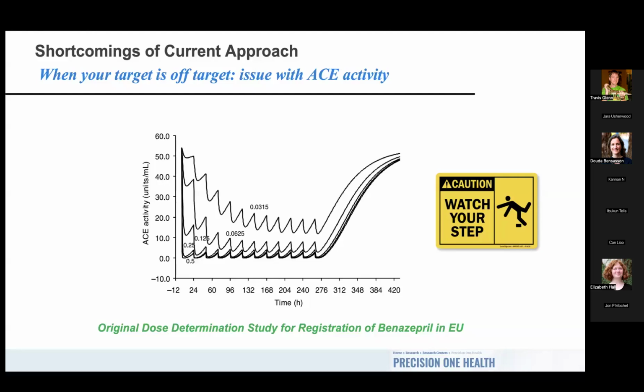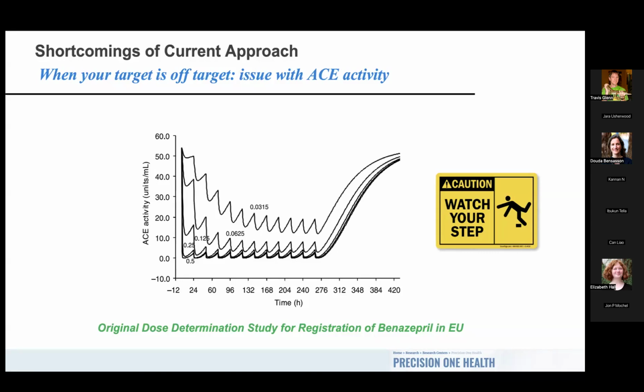So unfortunately, most of the studies that were used 20 years ago to determine the dose of these drugs in veterinary medicine used that biomarker called ACE activity as a proxy for clinical efficacy. And so ACE was just representing how much enzymatic activity I had in my system. And the goal was basically to shut it down to almost zero to get to a therapeutic clinical effect.